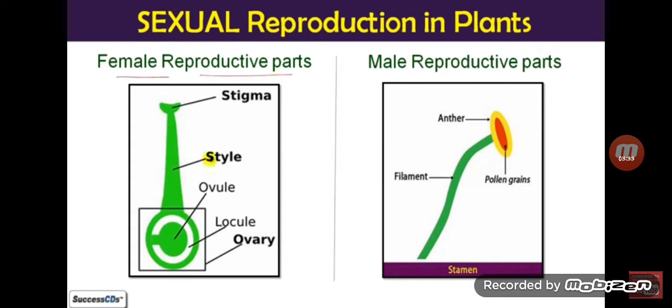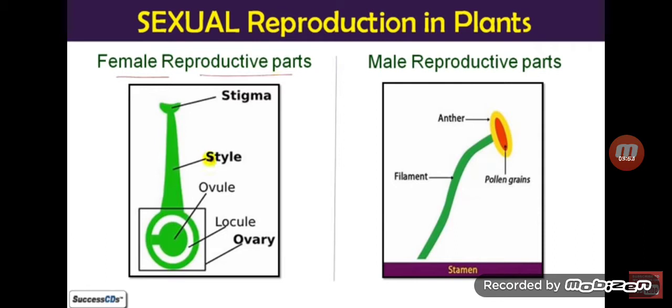Style is the tube-like structure, and stigma is the receptor for the male reproductive part, the pollen grains. Pollen grains are attracted to the stigma. We will see in detail.